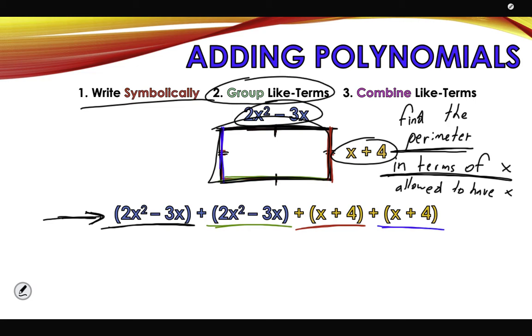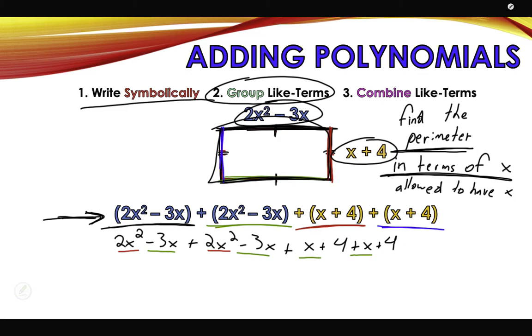So first of all, let's clear up these brackets. Like terms. So I see an x squared, an x squared. I see x, x, x, x.